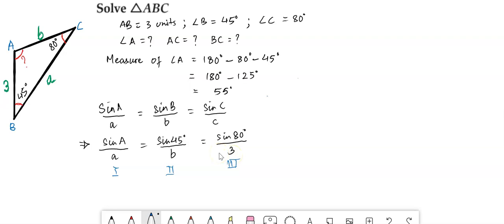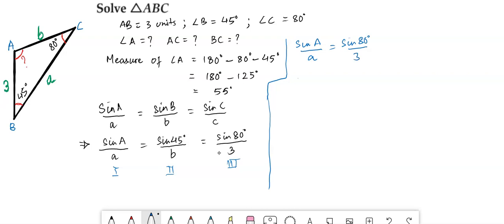So let's just establish an equation. What we can do, we can establish an equation between first and third. So we can write sine of angle A over a is equal to sine of 80 degrees over 3.